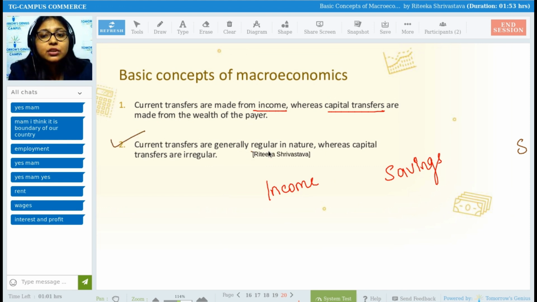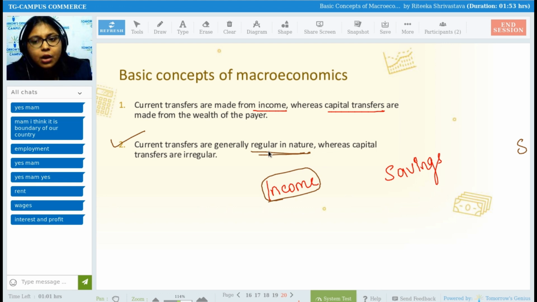Second, current transfers are generally regular in nature, whereas capital transfers are irregular. Whatever spending you are going to do from your income is your current transfer. Savings, you will take out very rarely, right? Not on a regular basis can you spend from your savings.